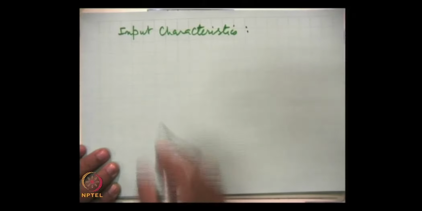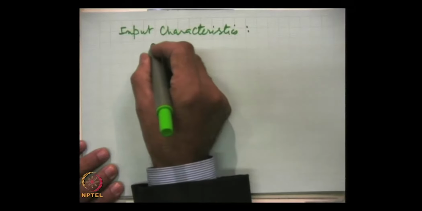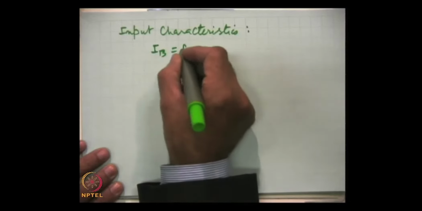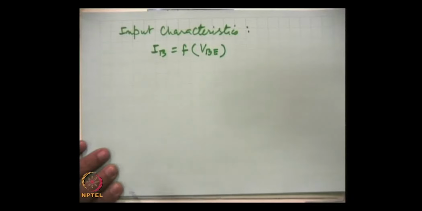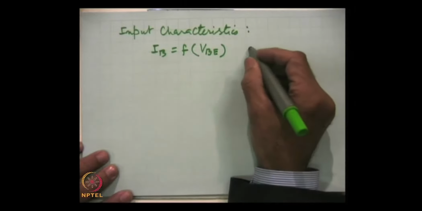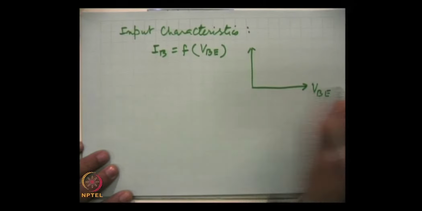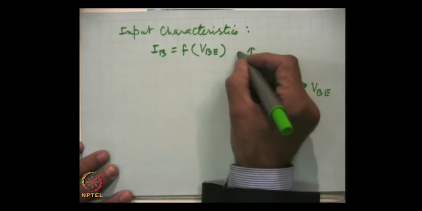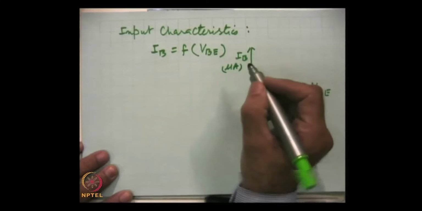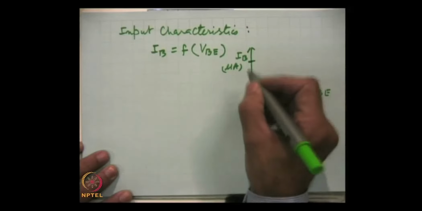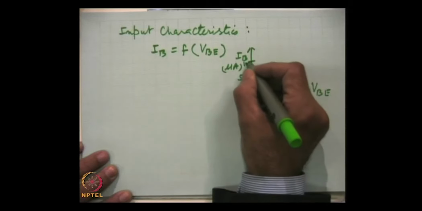Input characteristics. These characteristics are plotted as IB as a function of the input voltage VBE, and we can plot them here. This is VBE and this is IB, and this is normally in microamperes, for example 100, 50, 0, and here it is 100.